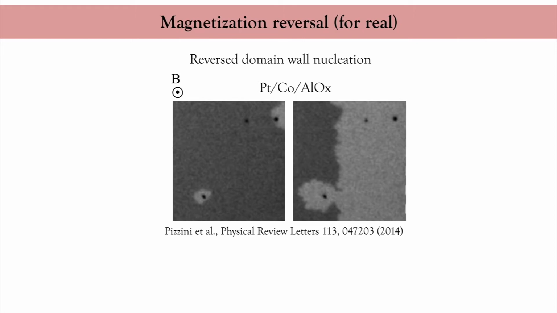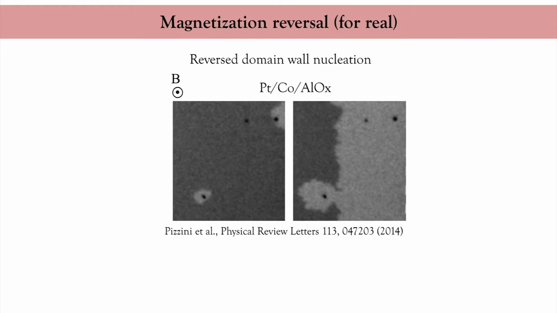The left picture shows the magnetic texture at small external magnetic field. In the dark region, the magnetization points downwards, and in the light gray region, the magnetization points upward. What you see is that the magnetization first reverses around impurities and defects. Actually, the first reversal process is the nucleation of reverse magnetic domains.